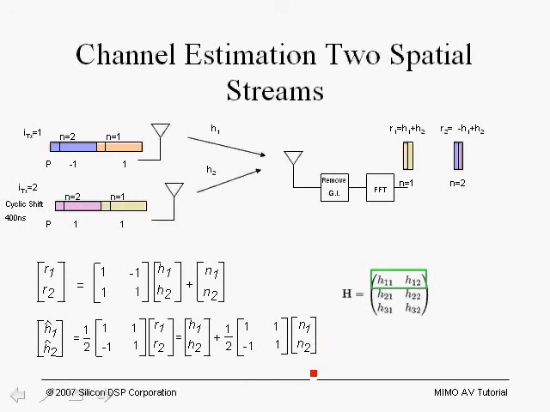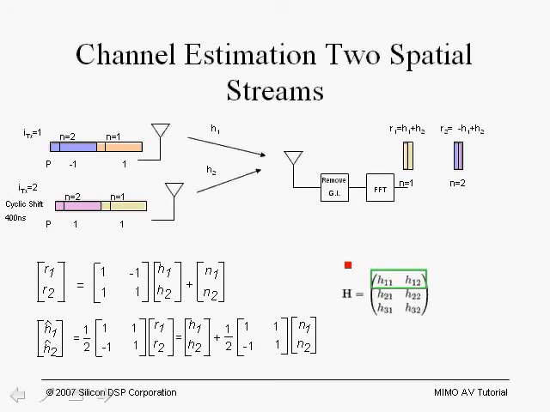So during the training, where we're sending the high throughput long training fields, each antenna would perform this operation and obtain its estimates of the channel, as you can see, from the transmit antenna to the receive antenna. And this is done for all 56 carriers, for example, for a 20 megahertz system.